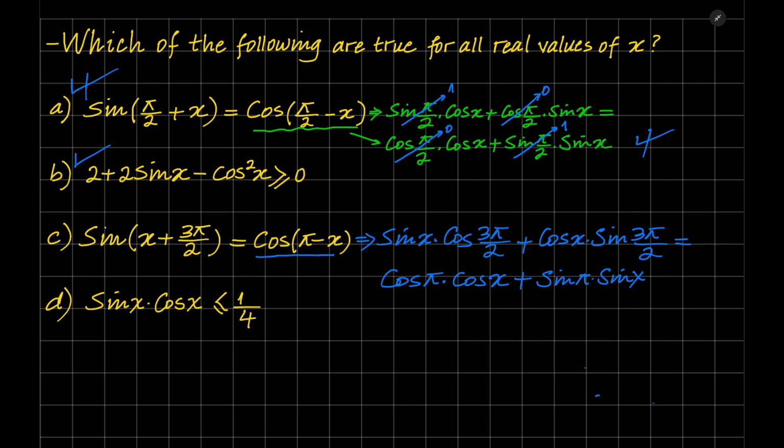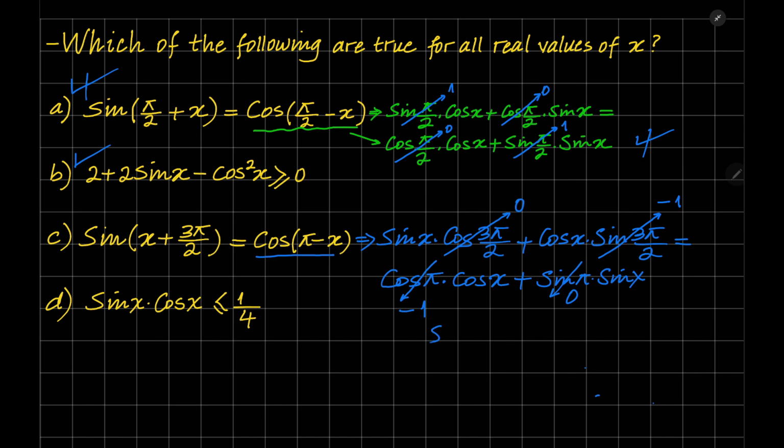We know that cosine 3 pi over 2 is 0, and sine 3 pi over 2 is negative 1. And cosine pi is negative 1, and sine pi is 0.